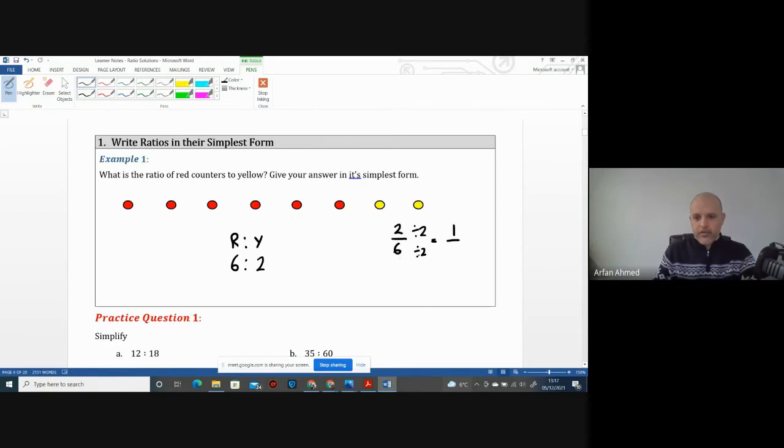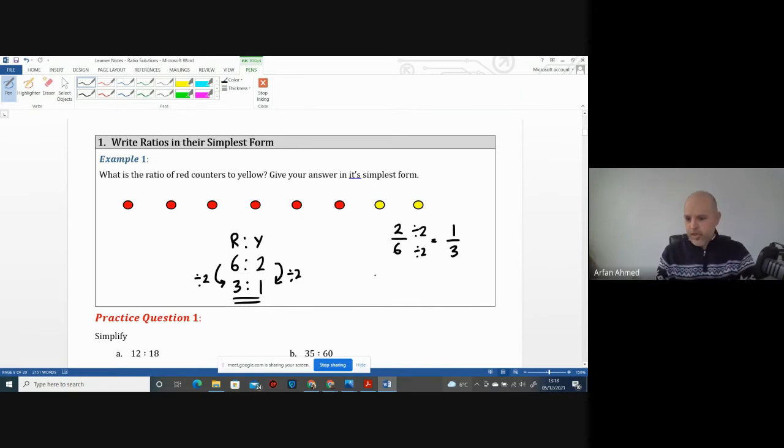And how many 2's go into 6? That's 3. So it's a similar sort of method for ratio as well. Instead of going across the page, you go down the page. So 2 goes into 6, 2 goes into 2. 2 into 6 goes 3 times, 2 goes into 2 once, and there's your answer, 3 to 1. You can't simplify any more.